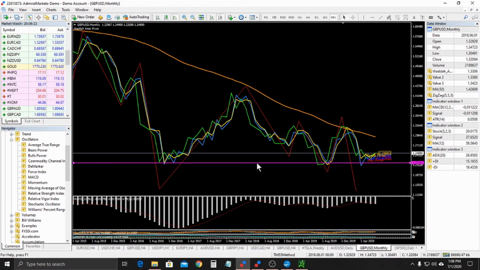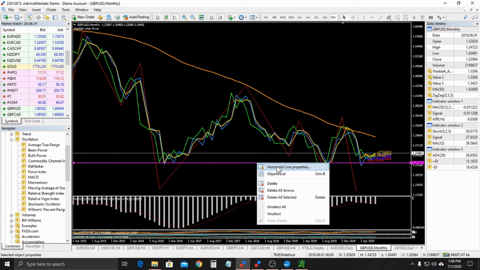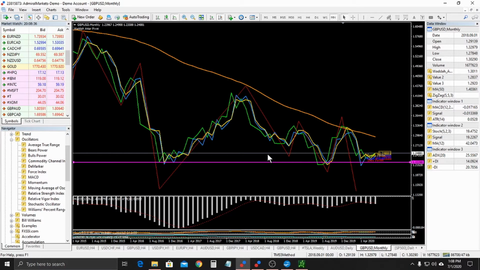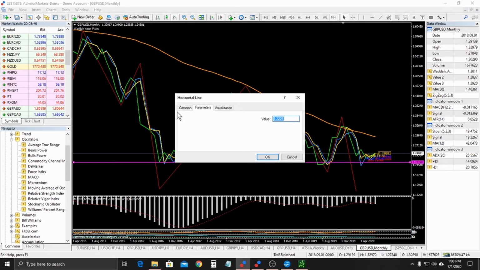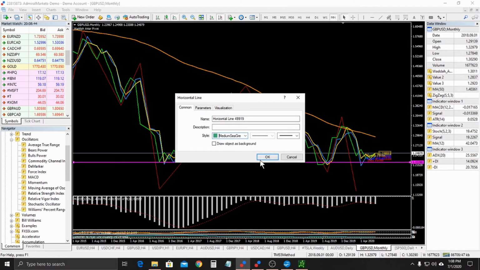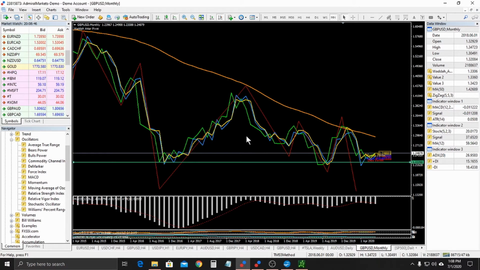I set that up, and I go in, just correct that. That's on 14, so I'm going to put this at 25. I'm going to change the color to a greenish. There you go.